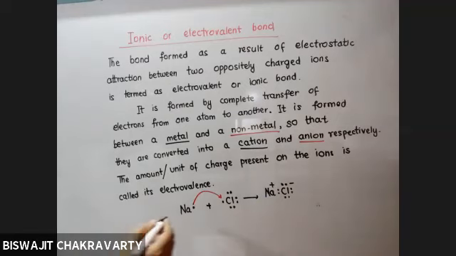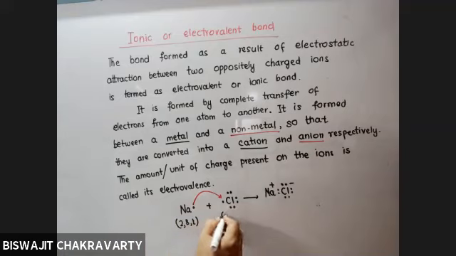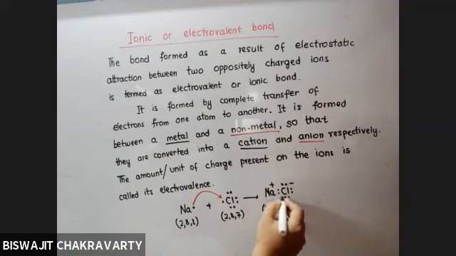And accordingly, we can say that previously sodium was 2, 8, 1 and chlorine was 2, 8, 7. But after the bond is formed, sodium is 2, 8 and chlorine is 2, 8, 8.